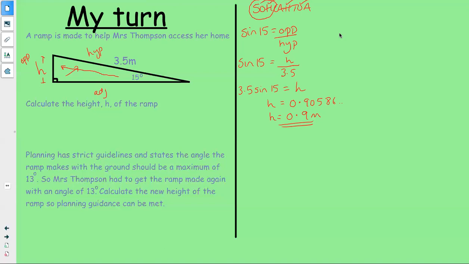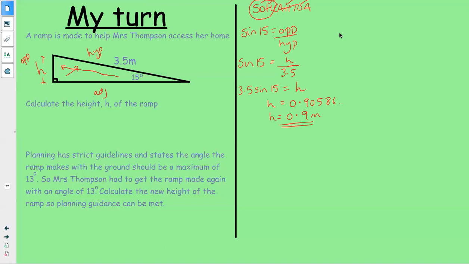Right, there's another part to this question here. It says planning has strict guidelines and states the angle the ramp makes with the ground should be a maximum of 13 degrees. So Mrs. Thompson had to get the ramp made again with an angle of 13 degrees. Calculate the new height of the ramp so planning guidance can be met.